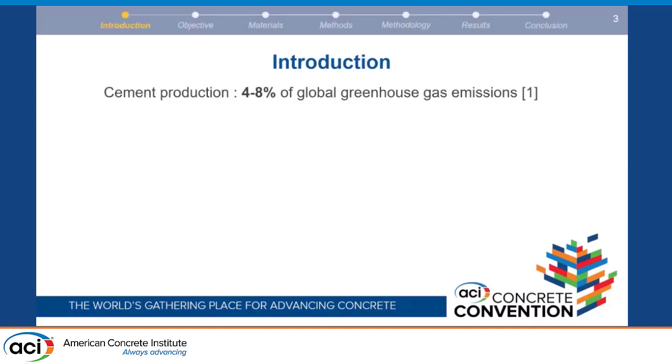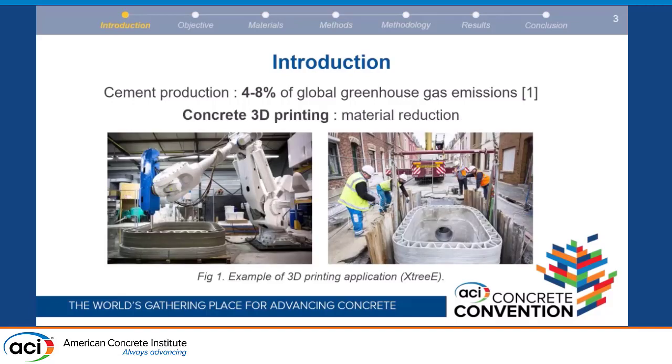So, as we all know, cement production is responsible for up to 8% of global greenhouse gas emissions, and that's not even mentioning other impact categories or other concrete constituents. In that regard, the concrete 3D printing industry is already allowing a rise in productivity and a reduction in manual labor.